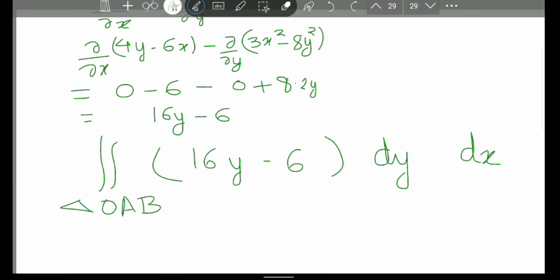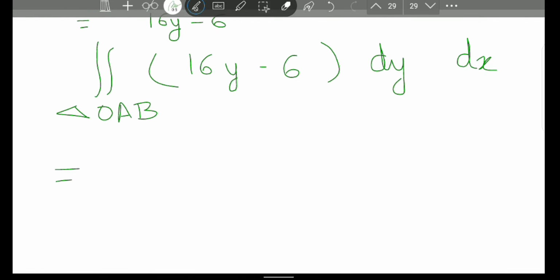Let's do that. So if you want to integrate over the triangle, if you want to cover exactly the triangle, we must change y from y equal to 0 to y equal to 1 minus x, and then x from x equal to 0 to x equal to 1.